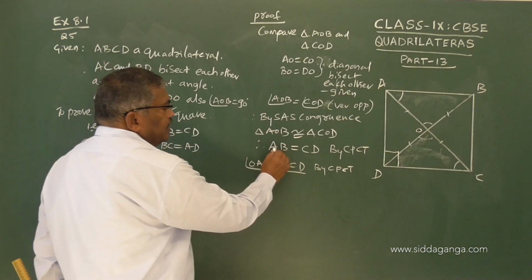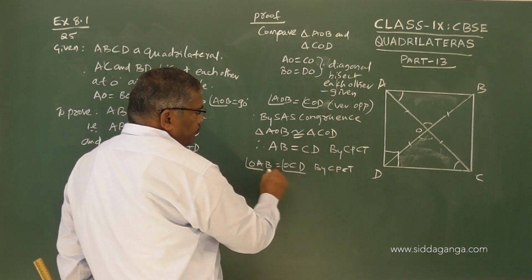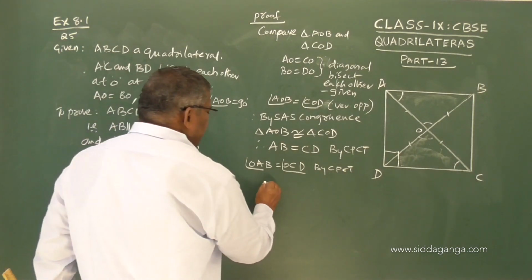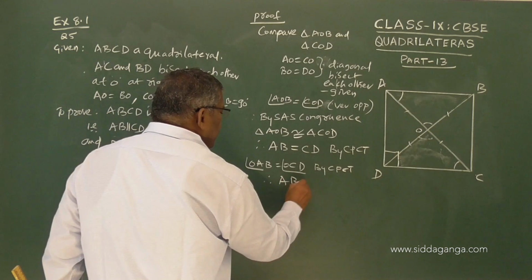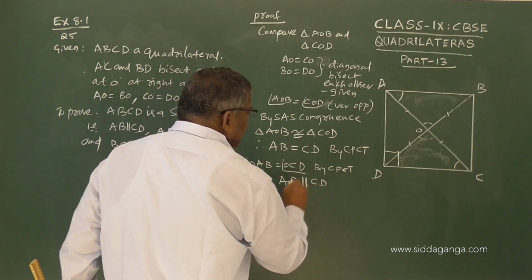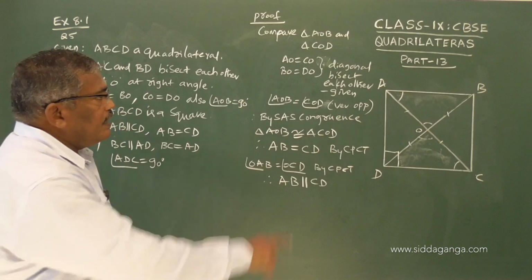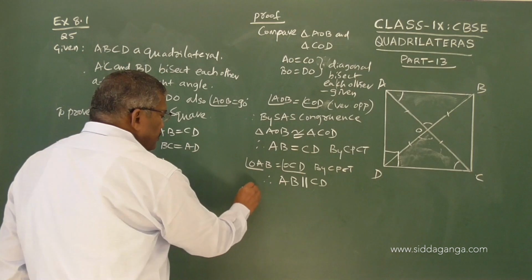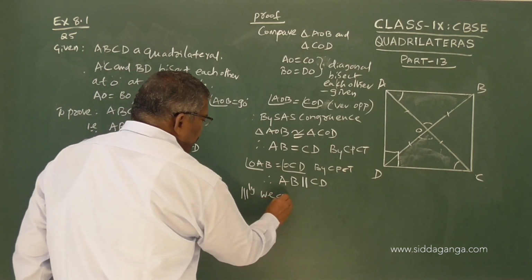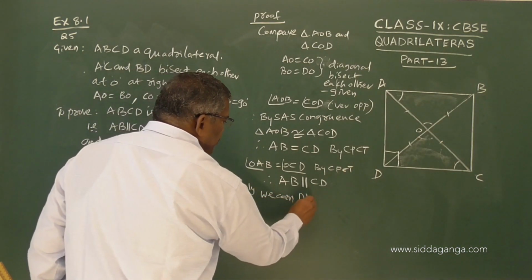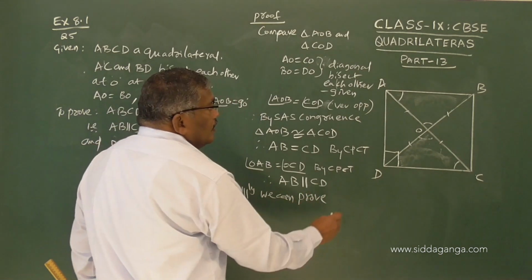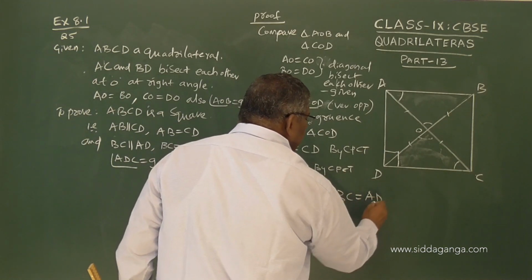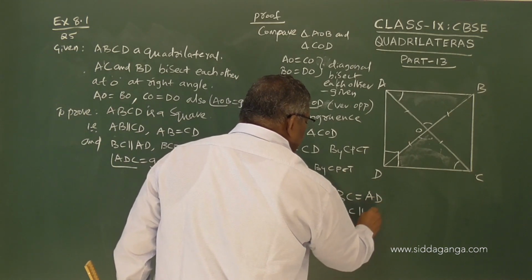So opposite sides are equal and opposite sides are parallel. Similarly we can prove BC equals AD and BC parallel to AD.